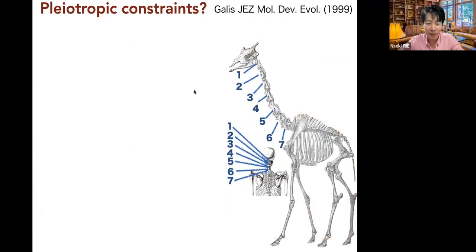So it's just a hypothesis, but pleiotropic constraints was proposed in 1999.